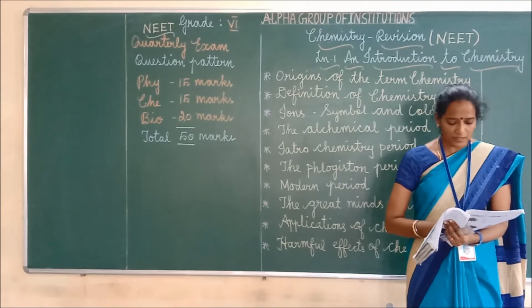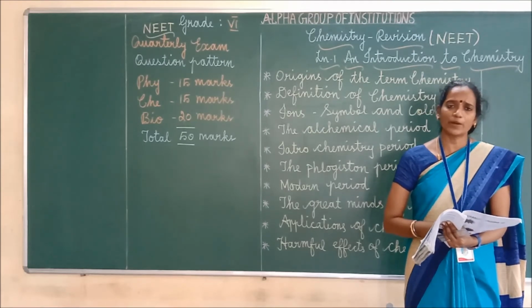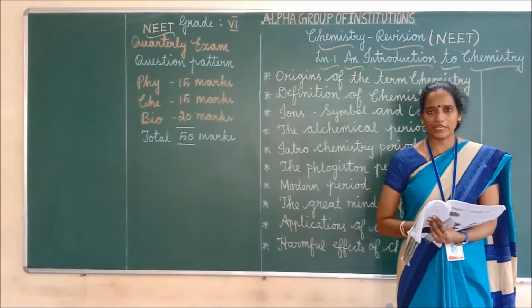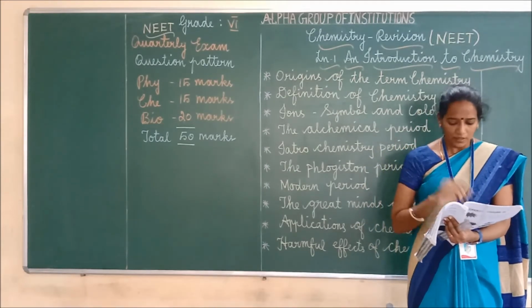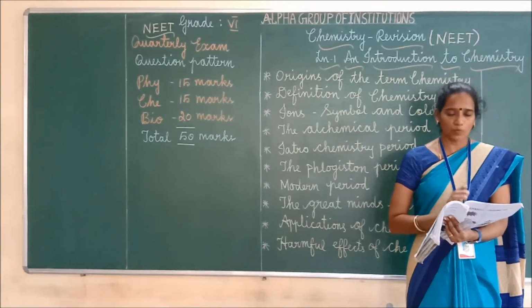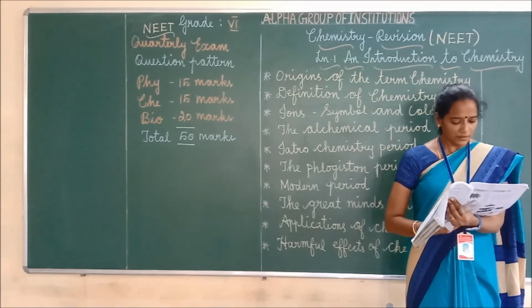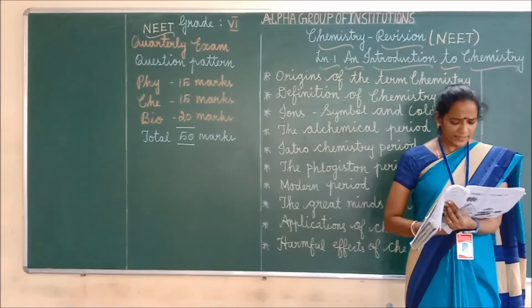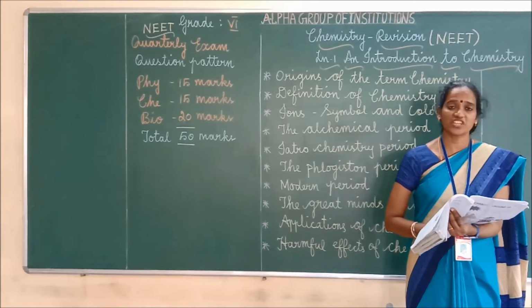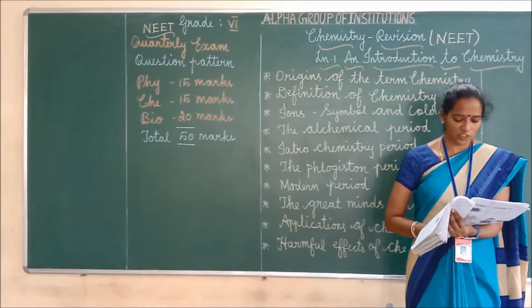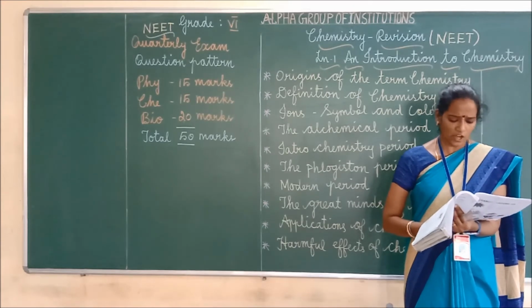Next, who isolated radium and polonium? Marie Curie. The answer is Marie Curie isolated radium as well as polonium. Next, J.J. Thomson discovered and identified dash electrons. J.J. Thomson discovered electrons. Next, P.C. Roy.